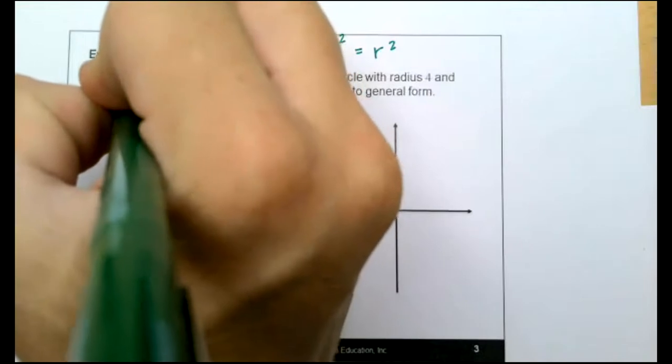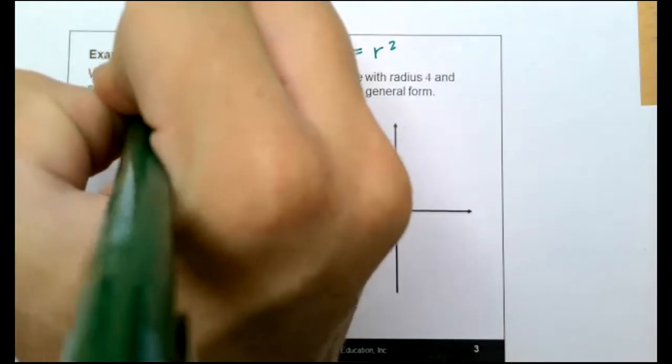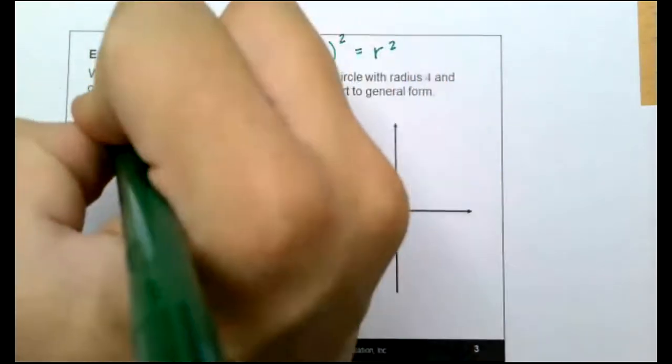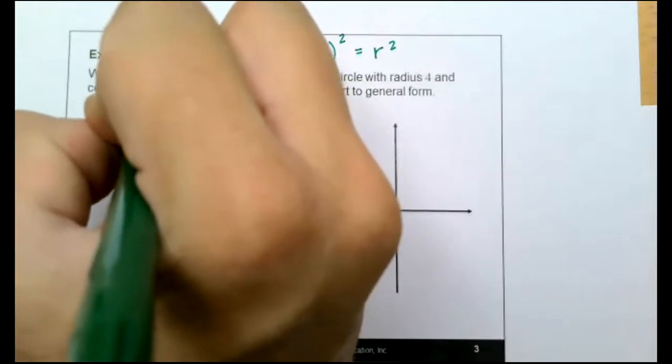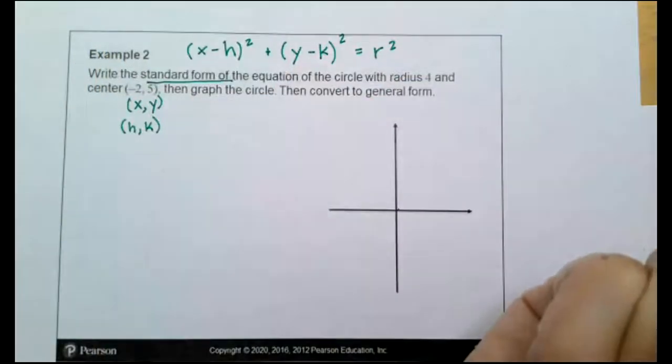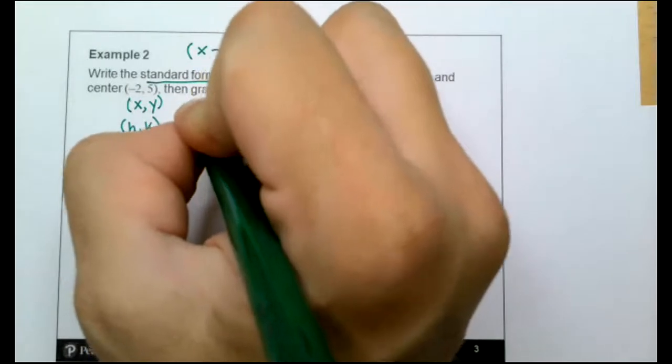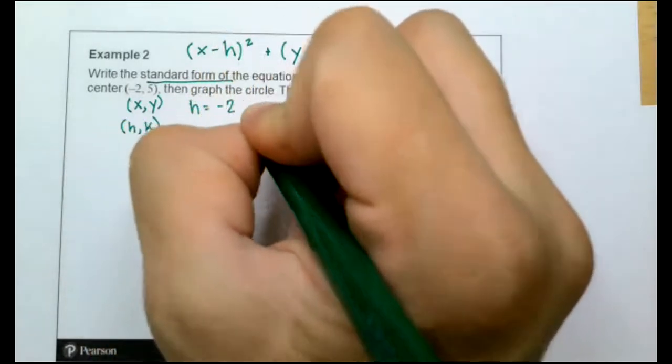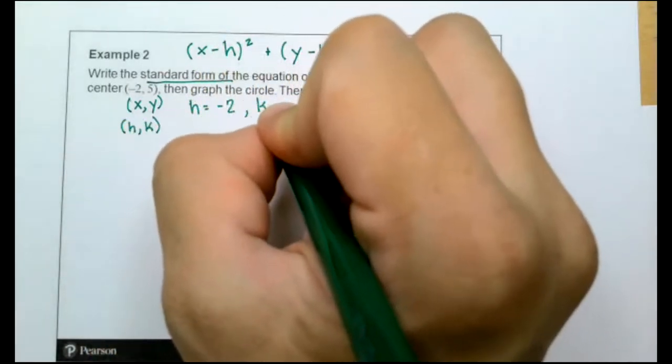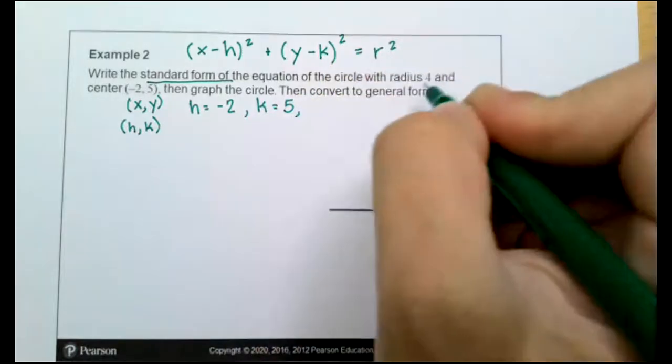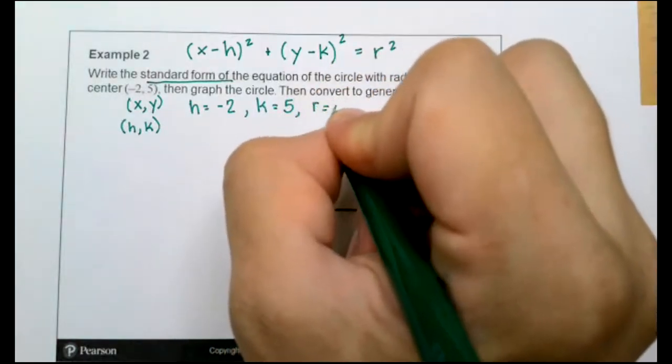And we know this is our h and our k. So I know that h is -2, k is +5, and radius is 4.